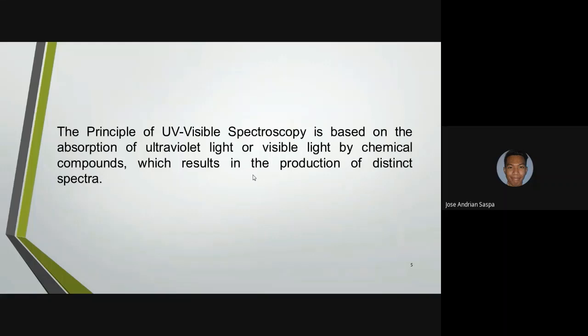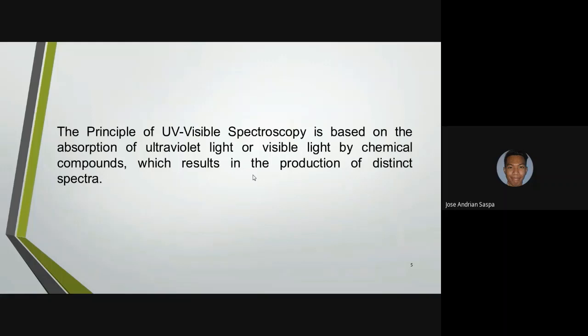This causes them to jump from the ground state, which means at rest or a small amount of energy, to an excited state, which means a large amount of energy.